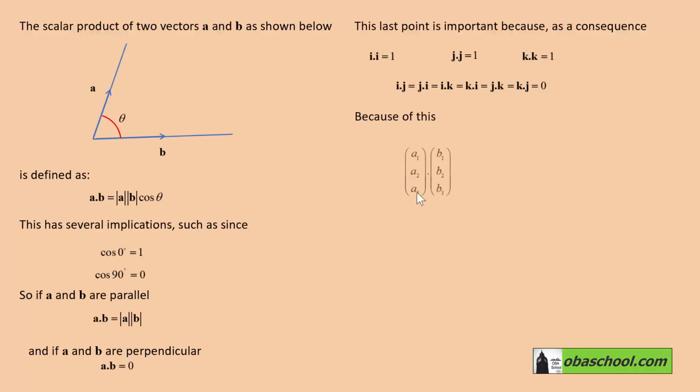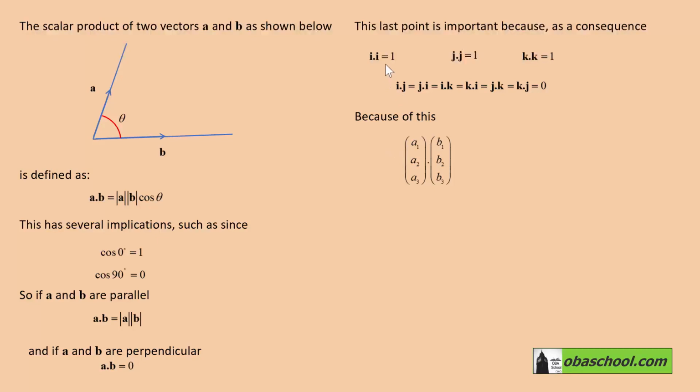Because of this, if we take the dot product of two vectors, consider what happens with A1. We need to dot A1 with B1, then with B2, and then with B3. But only A1 dot B1 gives you anything because this is the I components.